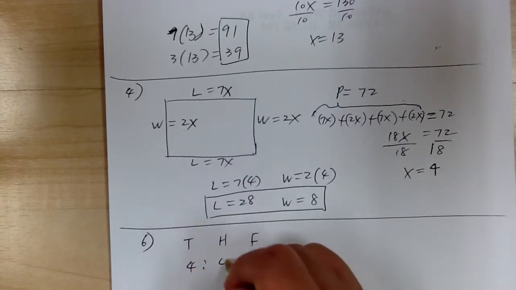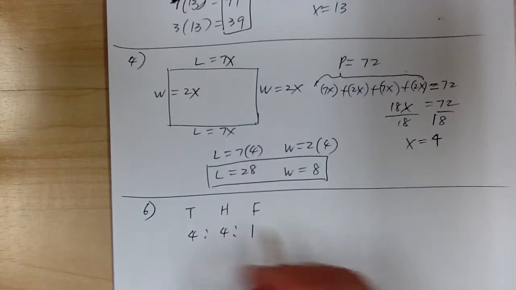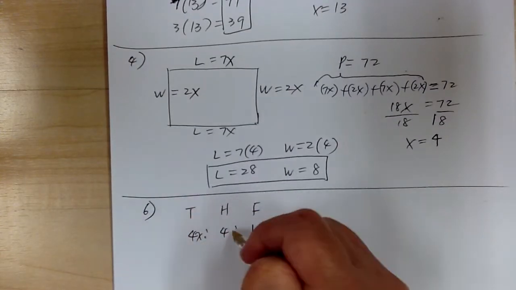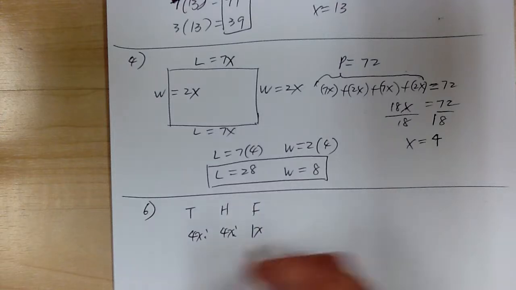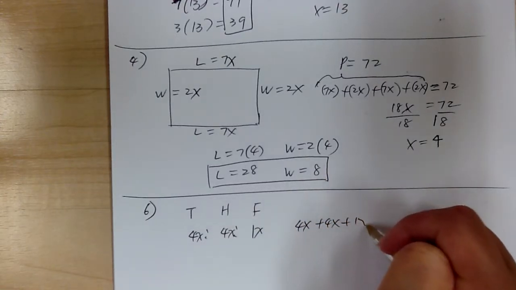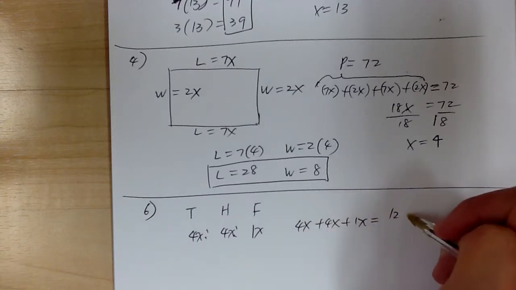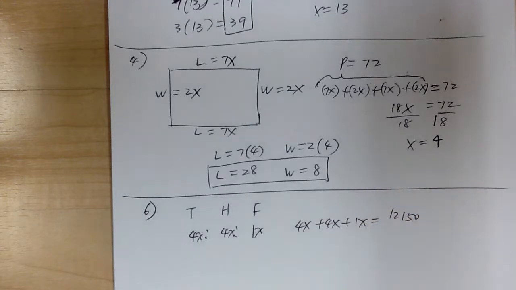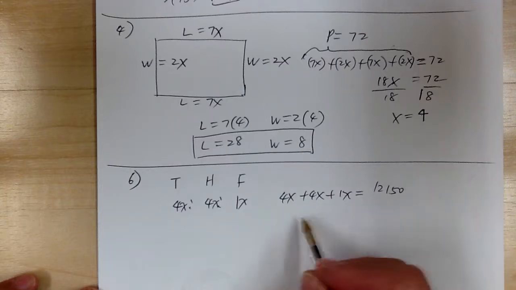Again, as soon as you have the ratio, you put in a multiplier, and that total is going to equal 12,150. Now again, you just have to solve.